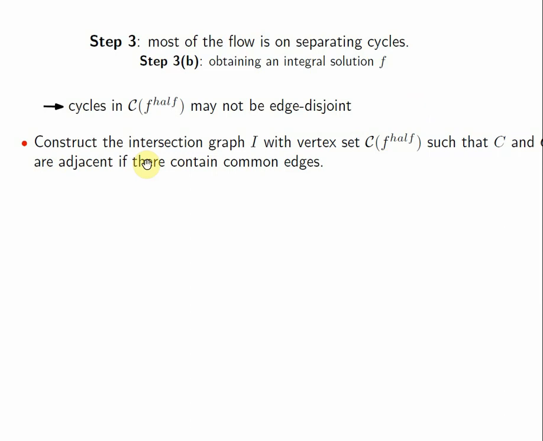We construct a graph I that has one node for each cycle in the support of F-half, and such that 2 cycles C and C' are adjacent if they share a supply edge. To obtain an integral feasible solution, the goal of our algorithm is thus to find a large independent set in this intersection graph.